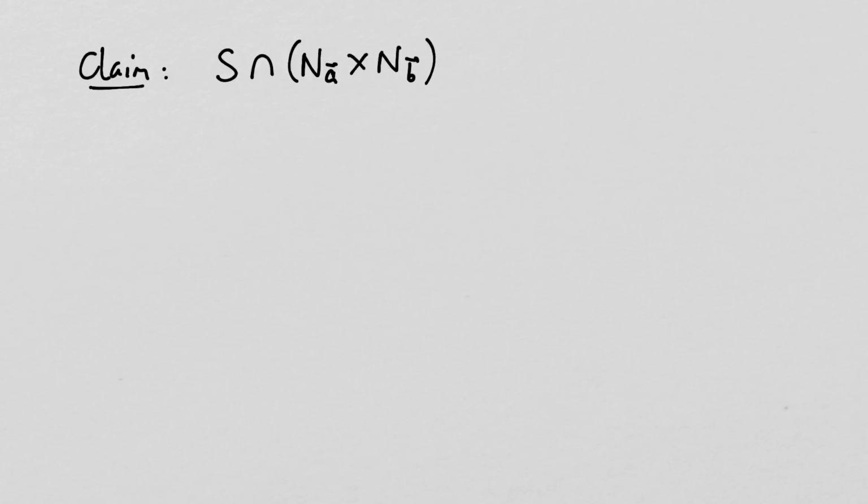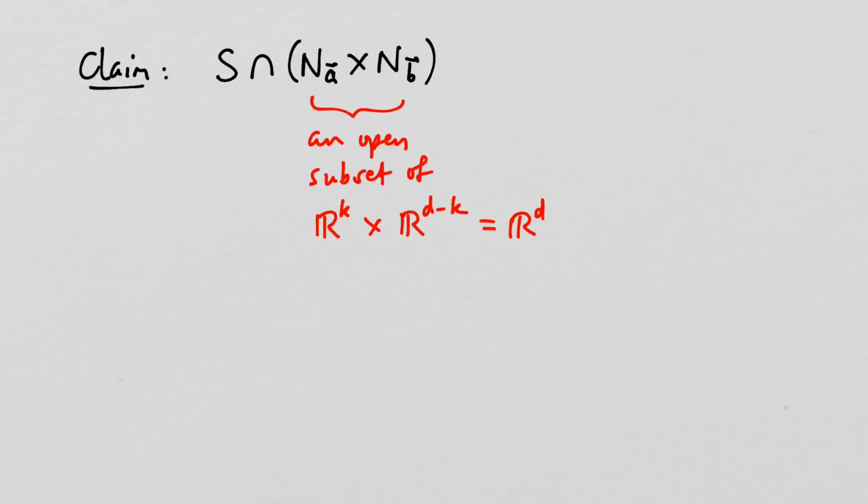So here's what we're going to get from that. I claim that if I take my constraint set S and intersect it with the Cartesian product of those two neighborhoods, which, let's recall, is open. This is an open subset of the Cartesian product of those two spaces, which is simply D space again. If this was an exercise on a problem set from a long time ago, the Cartesian product of two open sets is open.